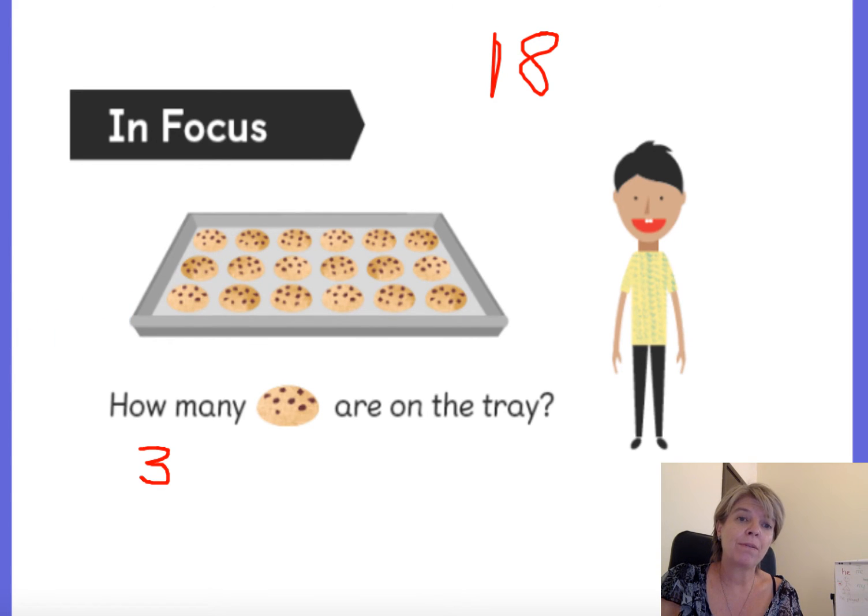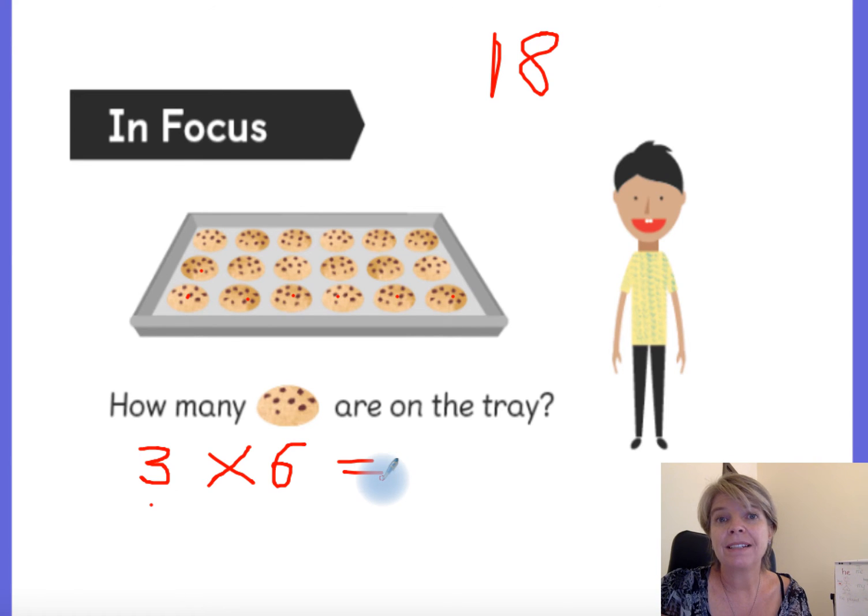Well, let's count them. 1, 2, 3, 4, 5, 6. So we say there are 3 rows of 6 cookies. And then we find the answer. And the easy way to find the answer is by counting in threes. So let's count in threes and see if we can find the answer.